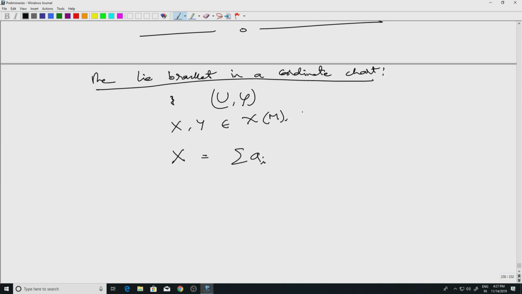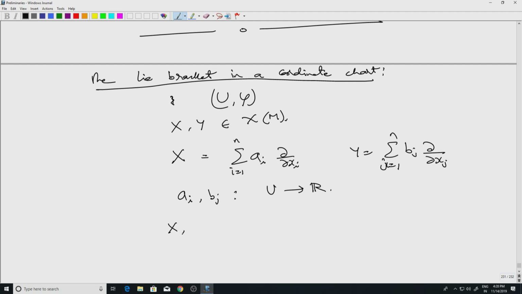So I'll write X as the sum of ai del by del xi, and Y as the sum of bj del by del xj, where i equals 1 to n, j equals 1 to n, and ai and bj are both C infinity functions from U to R. So let's see what the bracket of X and Y is.